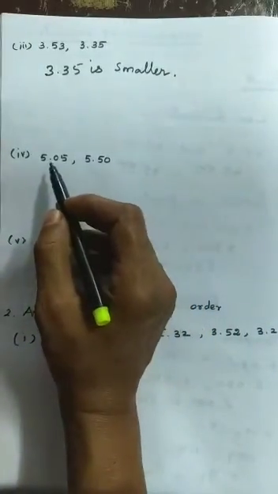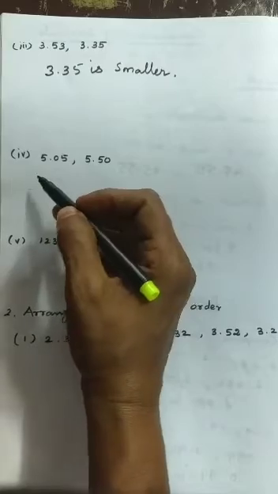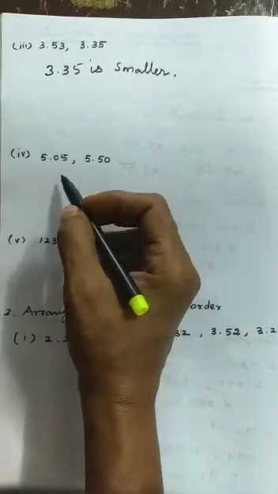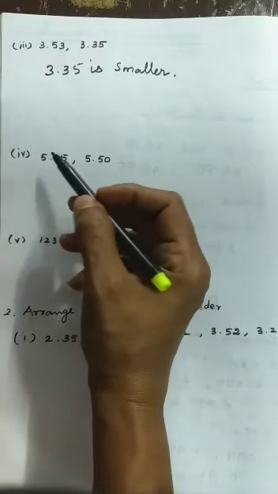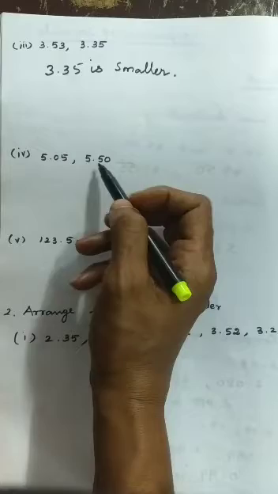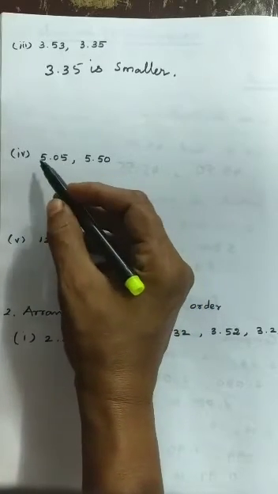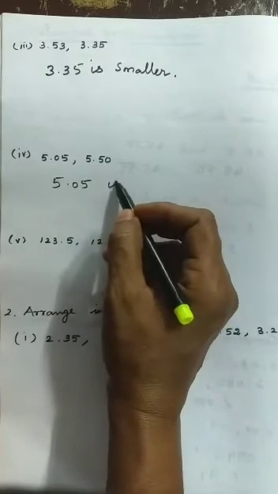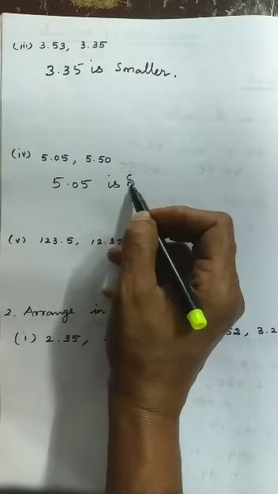Then see here. These two numbers are also like decimals. Now see 5, 5. Here the 10th place is 0, here the 10th place is 5. So this is smaller. So 5.05 is smaller.